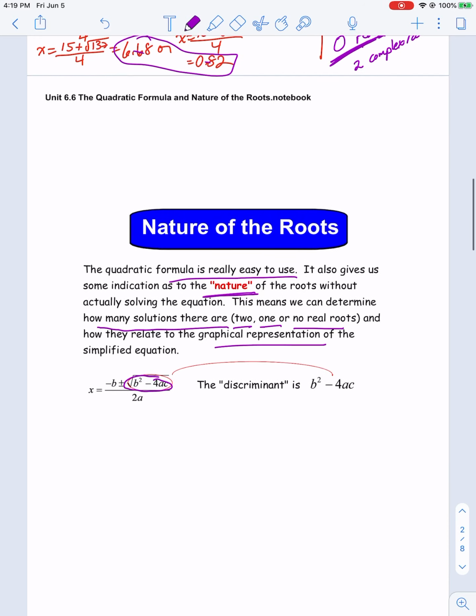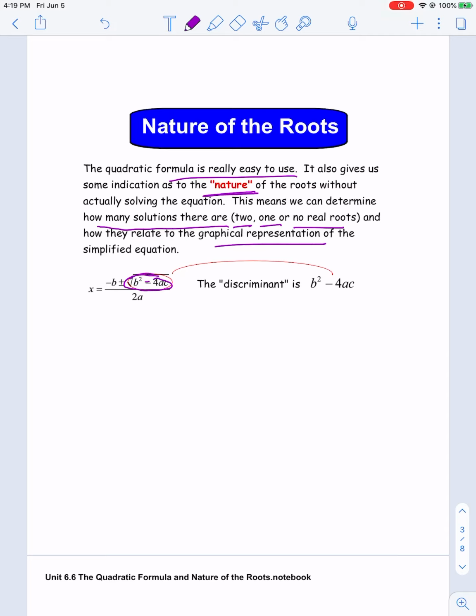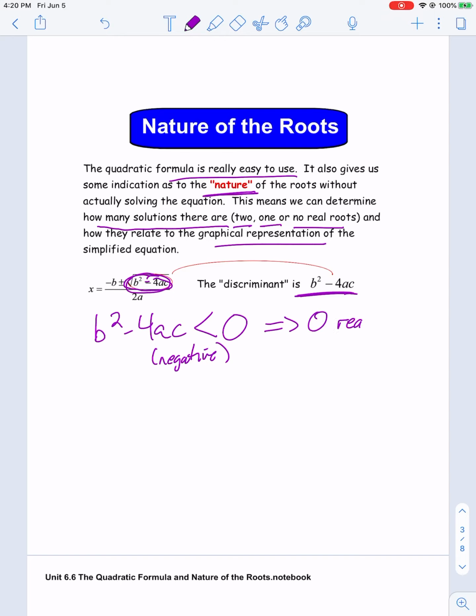So if we just take a look at that stuff underneath the square root sign, which is just the b squared minus 4ac, that will tell us the nature of the roots. So how many real roots are there? If b squared minus 4ac turns out to be a negative value, there are 0 real roots.